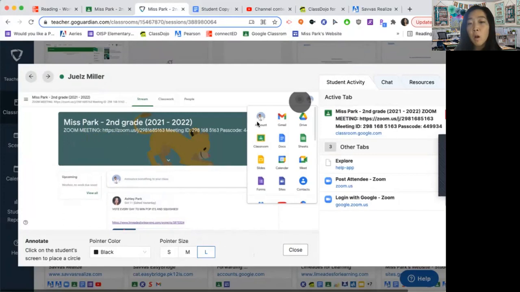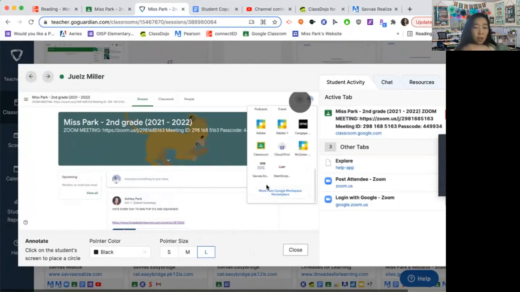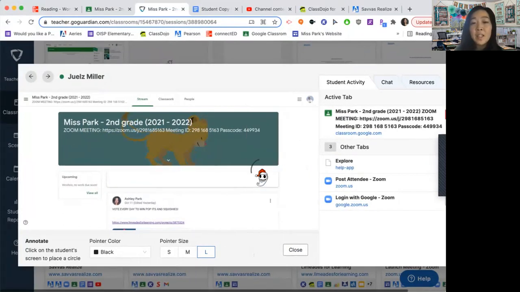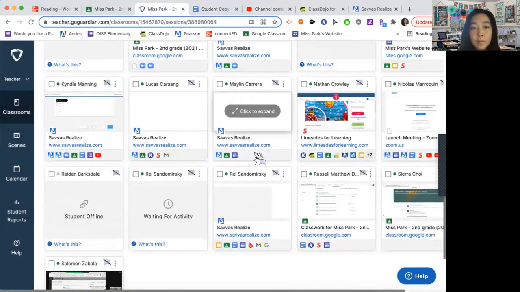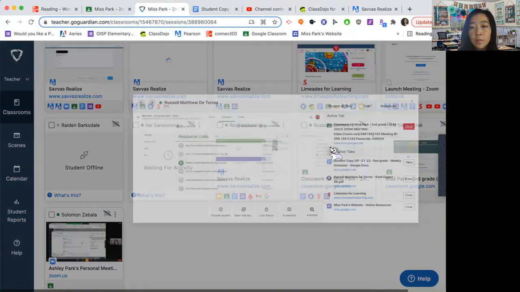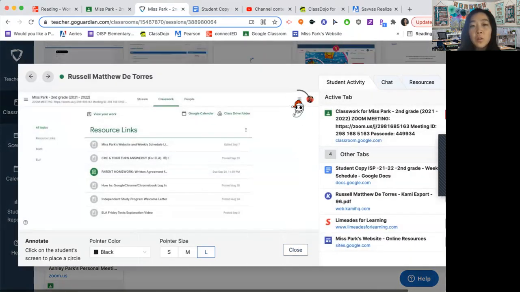And then you're going to scroll all the way down and get to Savis. I think he already clicked on that. So Russell, you're going to go to the waffle.